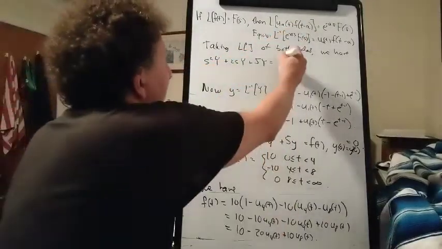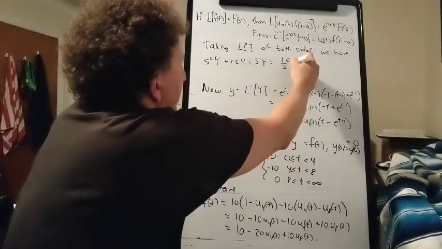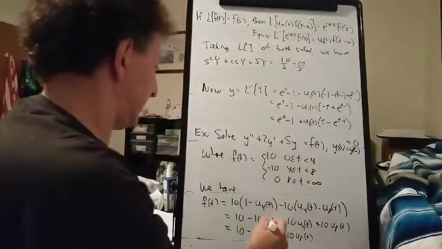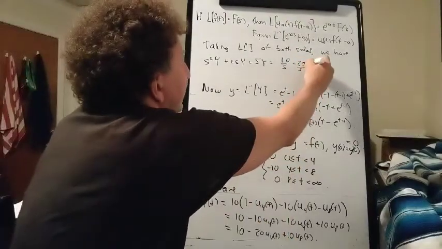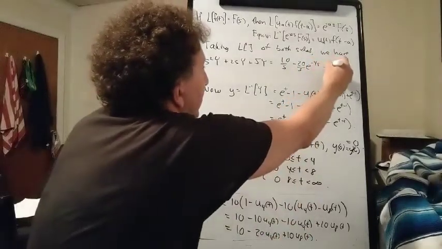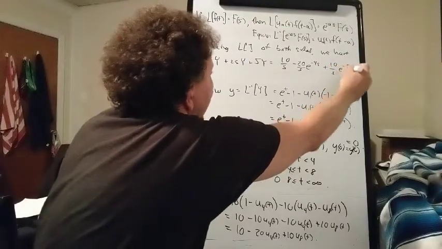So we've got 10 over s minus 20 over s e to the negative 4s plus 10 over s e to the negative 8s.